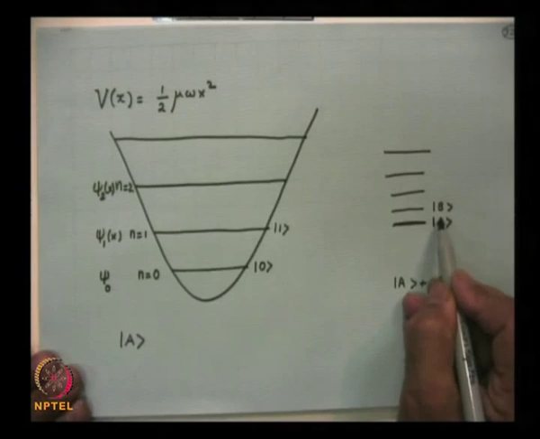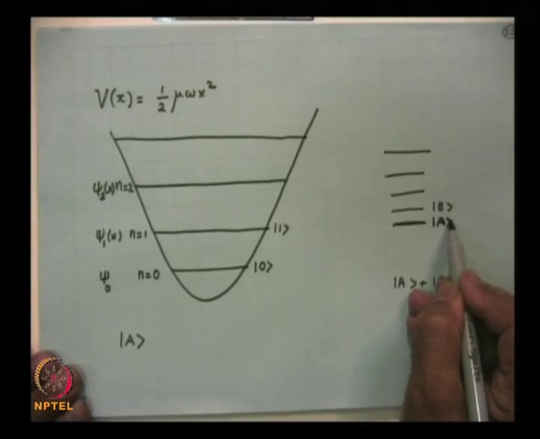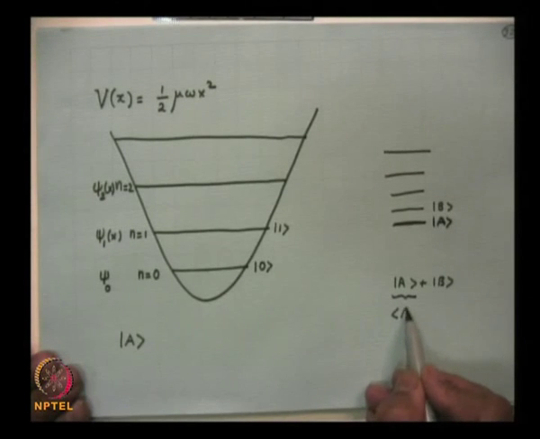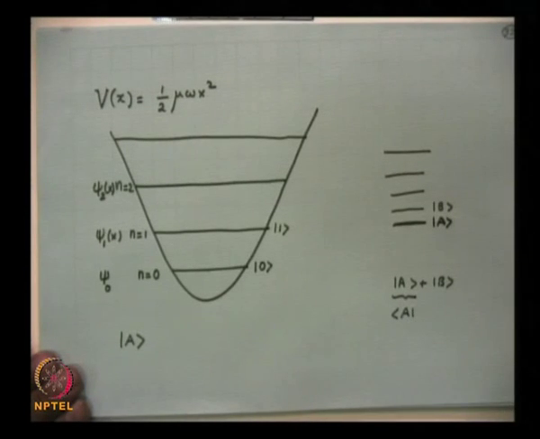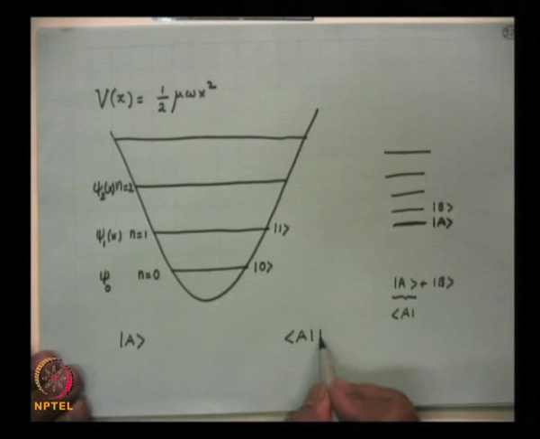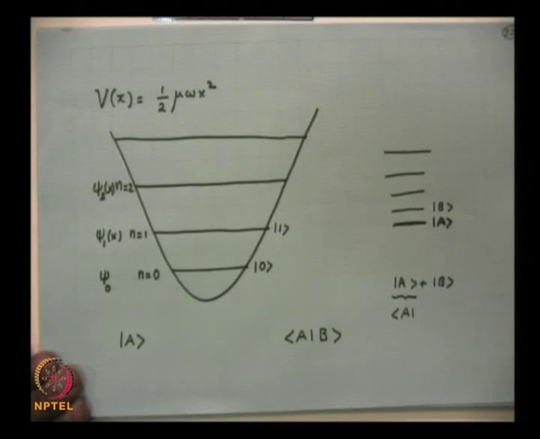Corresponding to each ket vector, there is a bra vector A such that we can form a scalar product, bra A ket B, and this quantity is a complex number.